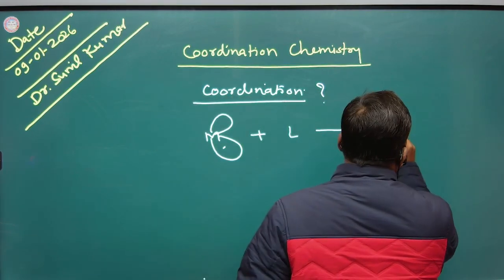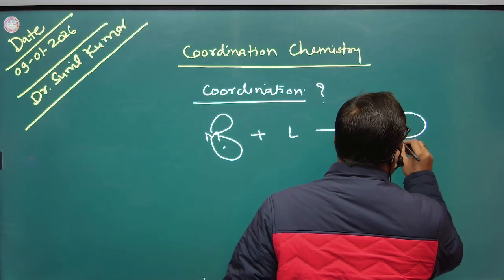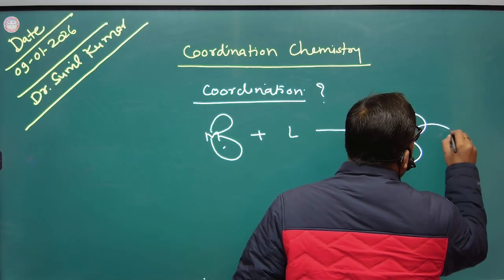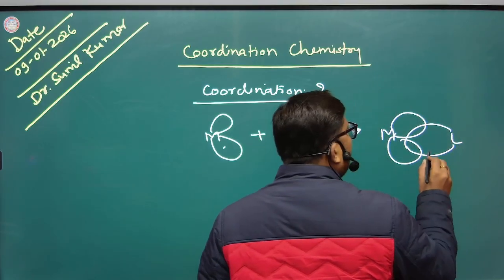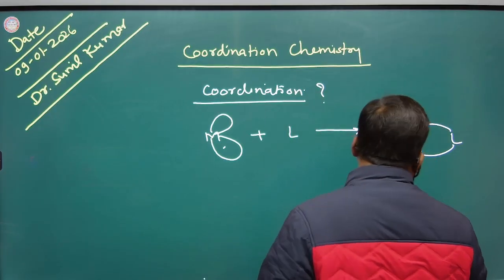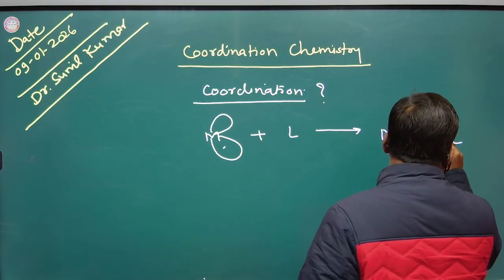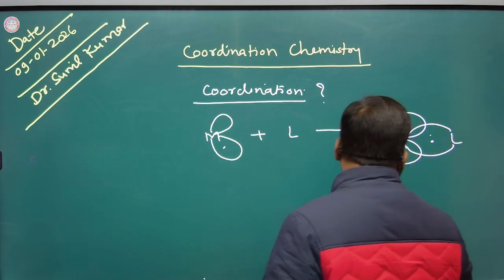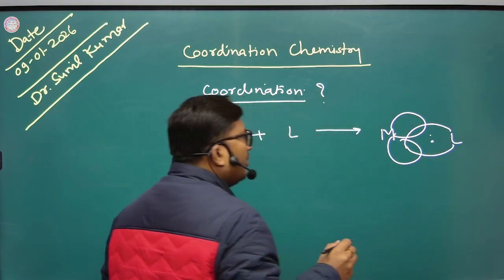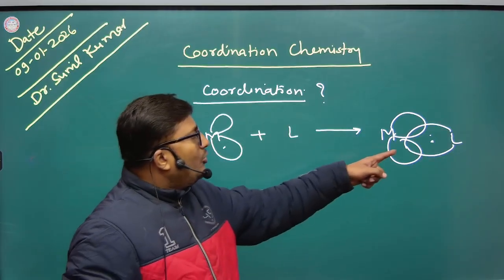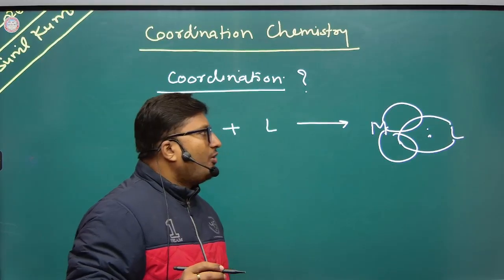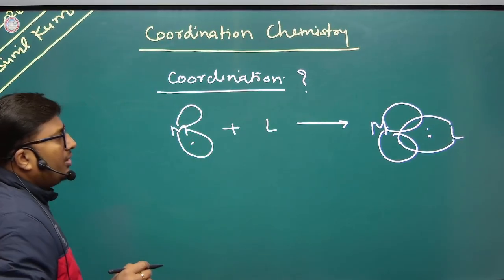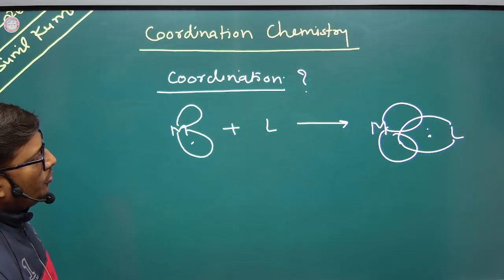So this is M and this is L. If this L acts as a ligand, it has a pair of electrons, right? This pair of electron containing orbital will overlap with the metal orbital to form a bond called a coordinate covalent bond.